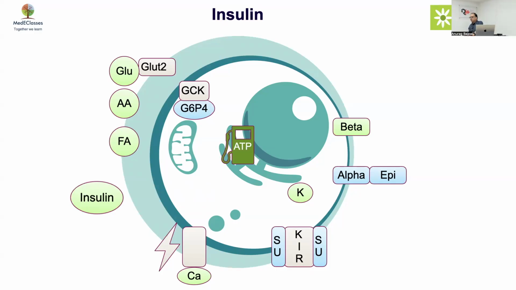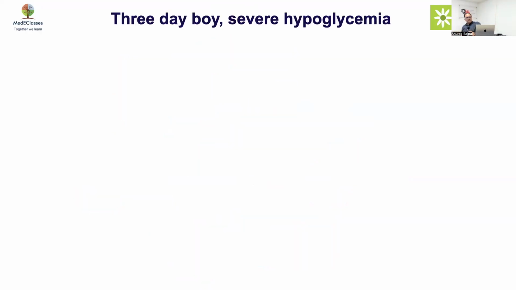If you have too little, you will have less insulin, causing diabetes. So we have got ABCC8 mutation, which is going to cause both hypoglycemia as well as diabetes. So you can have both hypoglycemia and hyperglycemia depending upon the nature of the defect.